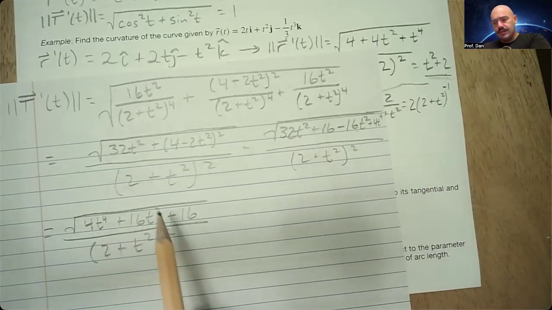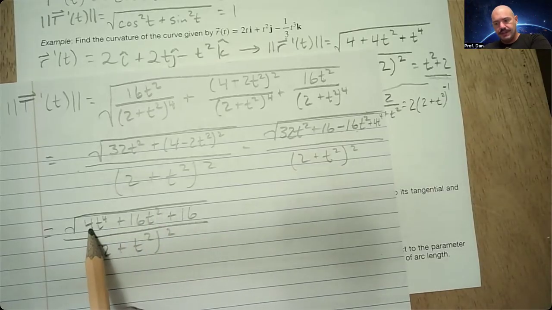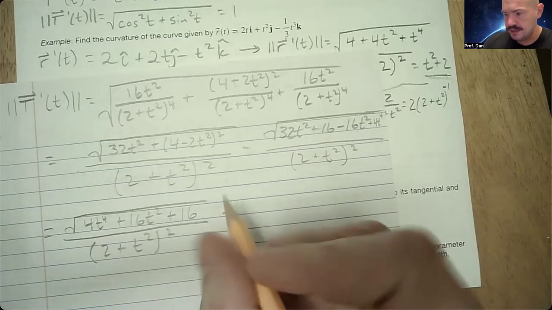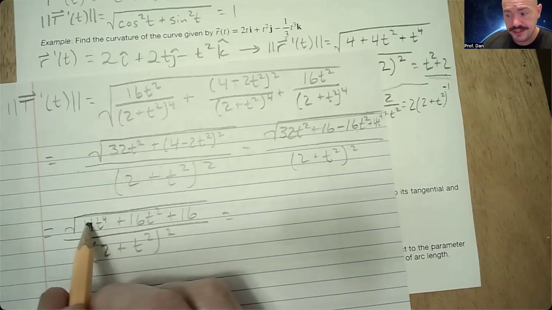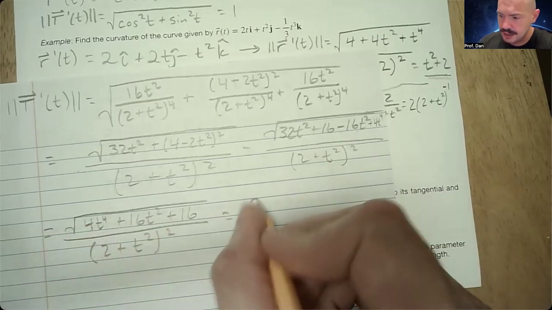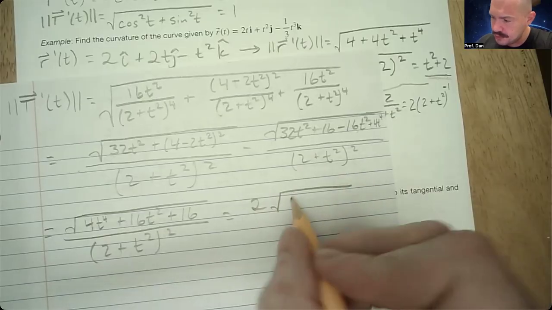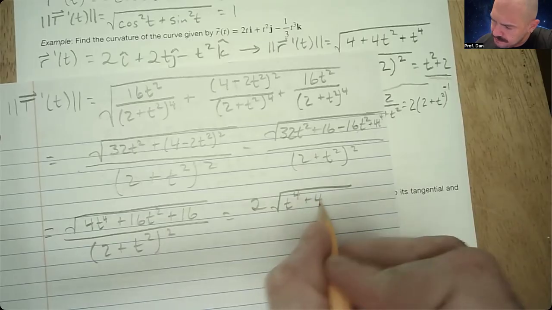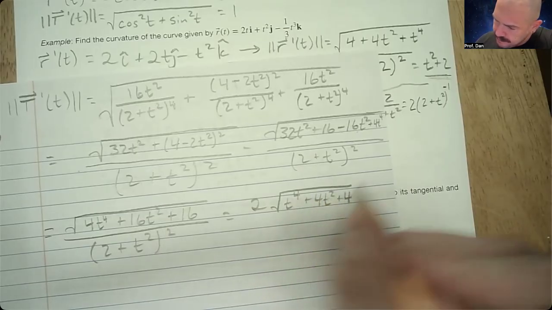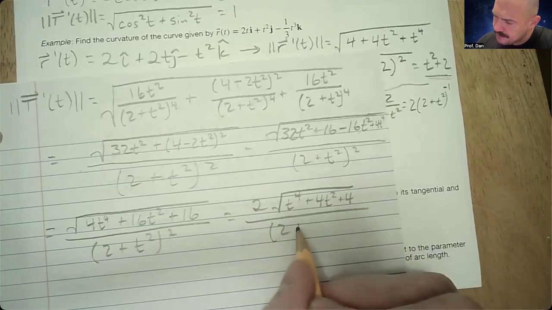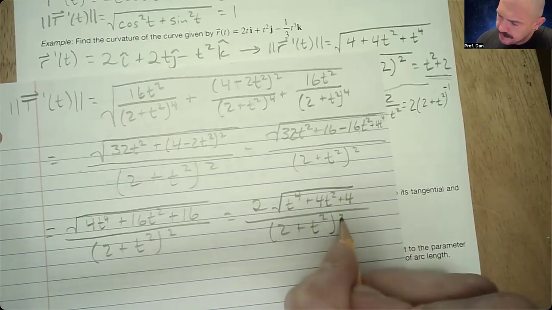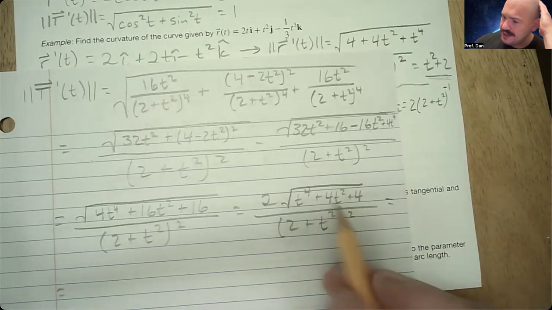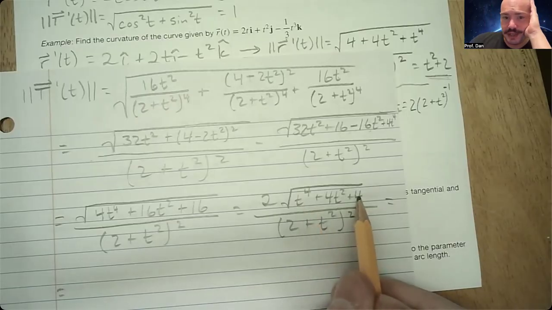Now, if I were to factor it, first off, I know that I can factor a 4 out from all three of these terms. And since we're under a square root, when I factor a 4 out, I can actually pull a 2 out of the square root. Okay. Now, one thing that you'll notice is that this is the exact thing that we factored at the beginning of the problem.